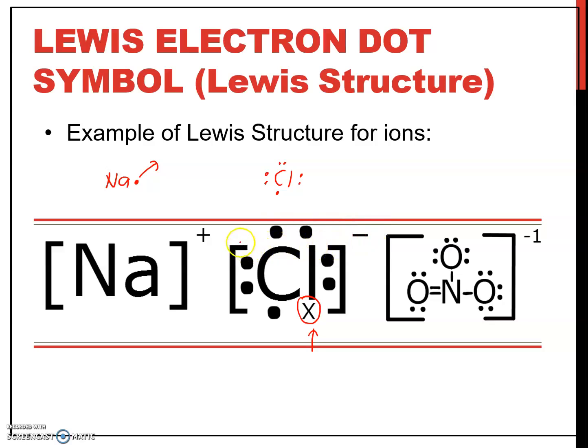So you must draw a bracket with chlorine and all the valence electrons, and the charge. If negative, it means an electron was added. If plus, it means an electron was released or removed. So plus is a cation, minus is an anion. The same goes for this compound, where -1 means that 1 electron was added.